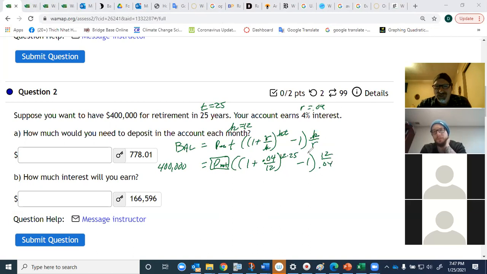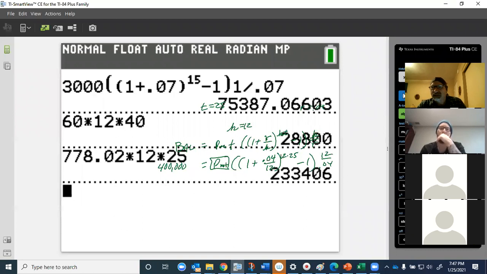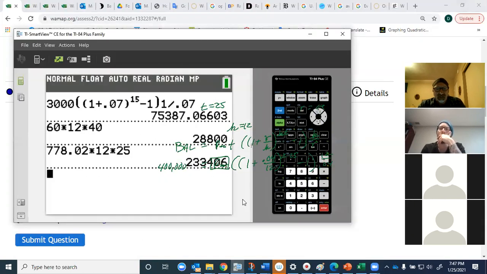So I'll put that into my calculator and show you what that part gives us. This is just step 1. You have to put in the parenthesis, 1 plus 0.04 divided by 12, to the power of, now notice it's 2 parentheses there, to the power of 12 times 25, right?